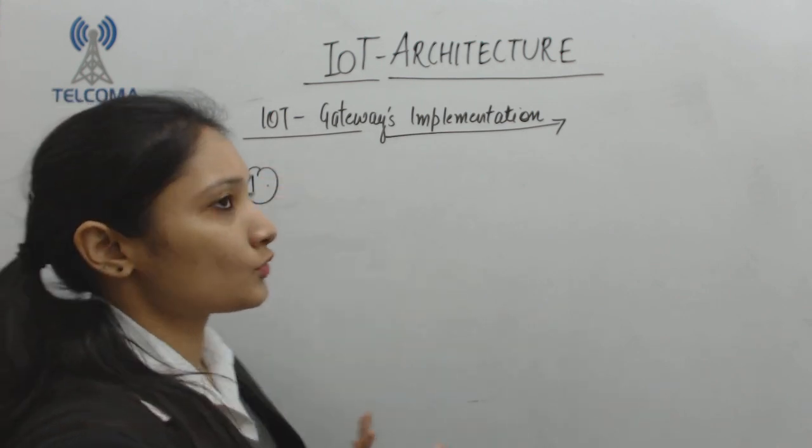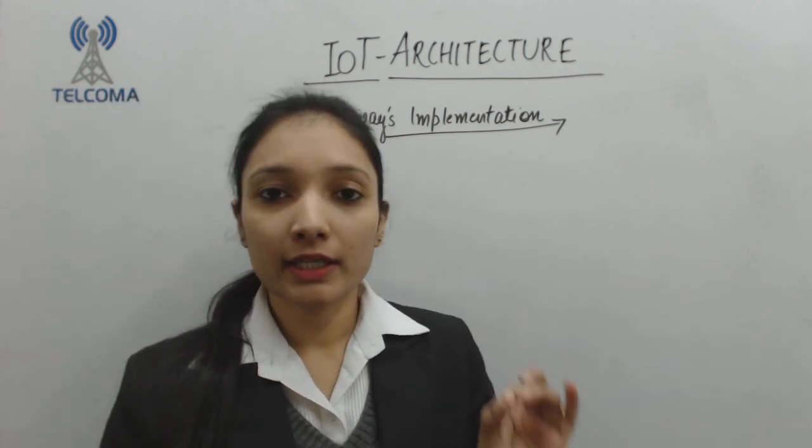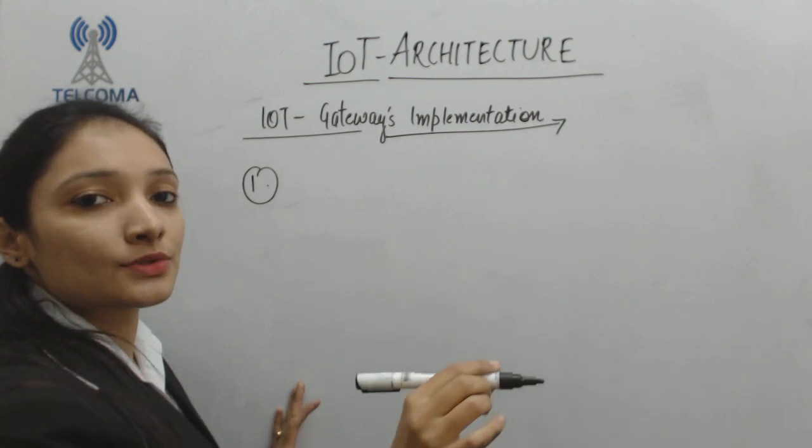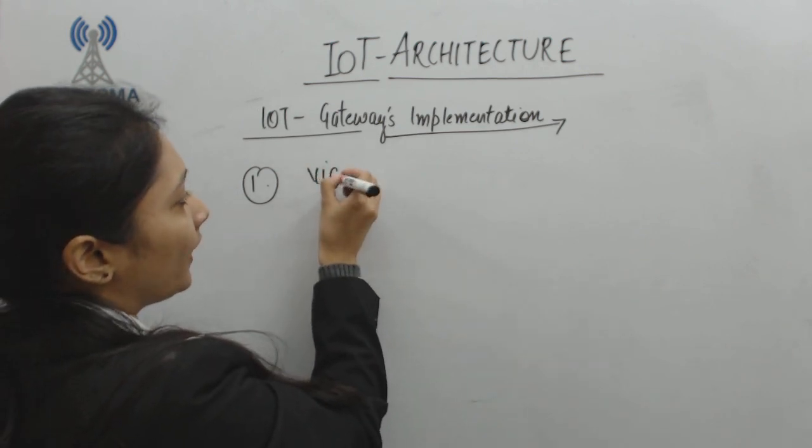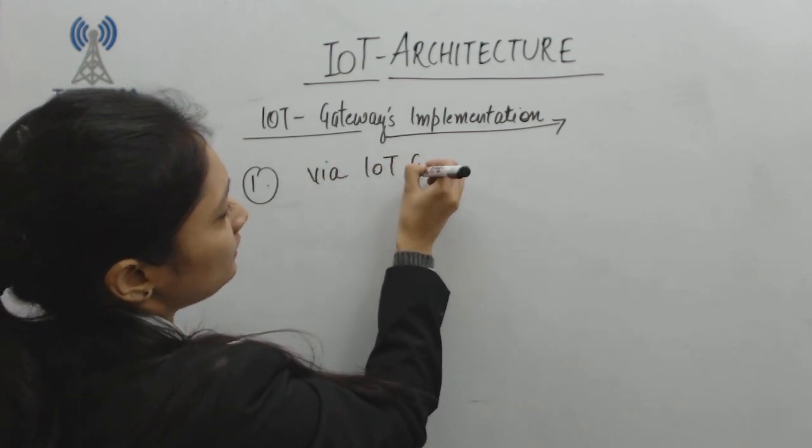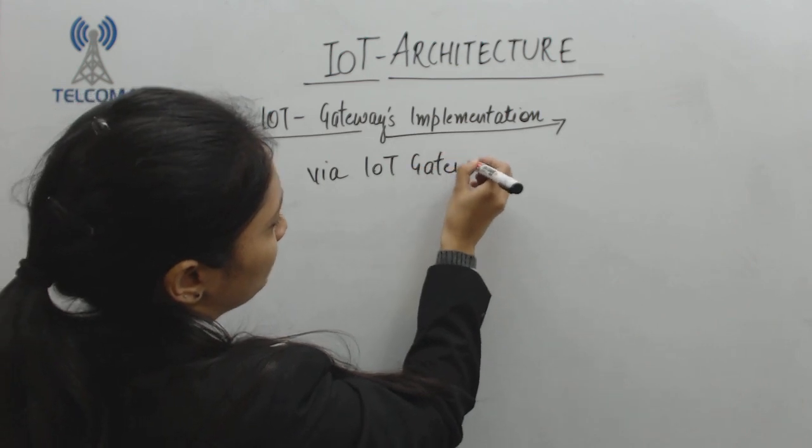The first one is via IoT gateway. That means whatever information is processed, it is processed via the IoT gateway.